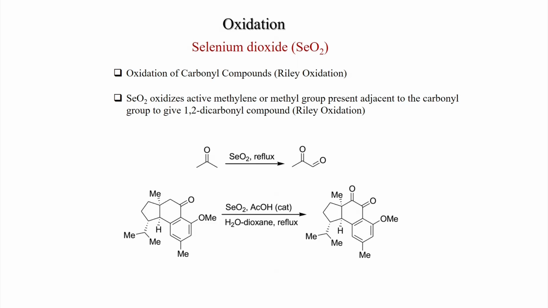As you can see here, acetone with selenium dioxide under reflux condition gives this ketoaldehyde, and this is an intermediate for hemizaran B. Mehta group did this reaction and selectively this carbon is getting oxidized, because this is alpha to the carbonyl. Under this condition, selenium dioxide, acetic acid catalyst, dioxane reflux, you get this 1,2 keto system, which is an intermediate for hemizaran B synthesis.